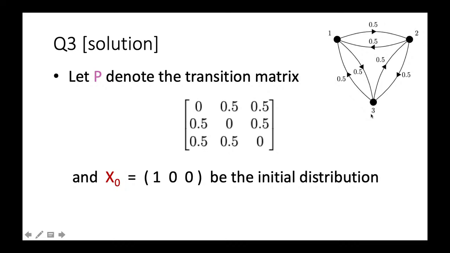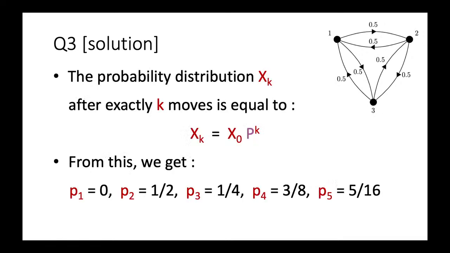And in order to compute the little pk, we just need to observe that we can find the distribution xk after exactly k moves by multiplying the initial distribution with the transition matrix to the power k, P to the power k.